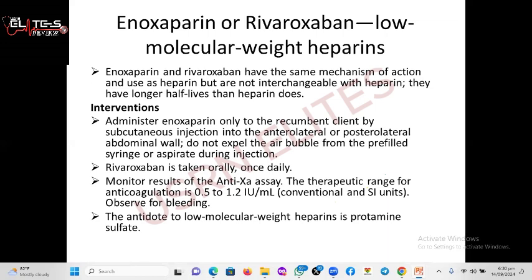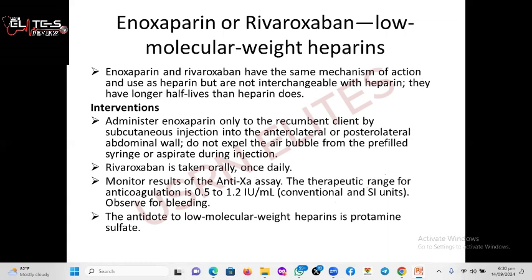I said it's in the enoxaparin aspect. Some of them come in pre-filled syringes. So in that instance, you don't need to take a needle, withdraw the heparin, and then give it. Those that come in pre-filled syringes have some form of air bubbles in the syringe.